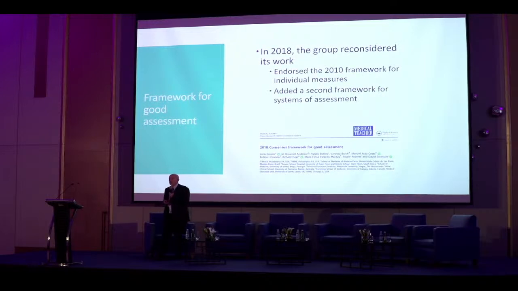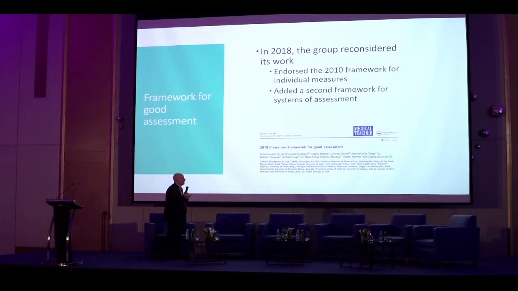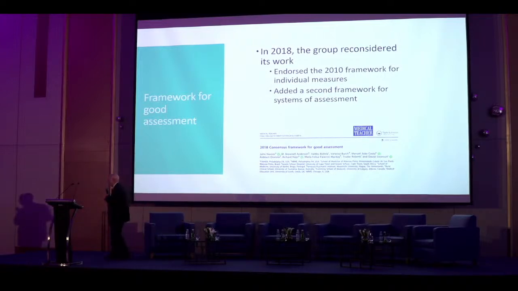In 2018, the group got together again. We got the band back together, and the group endorsed the 2010 framework for individual measures, but it decided to take on the idea of systems of assessment and think about what makes a good system of assessment, or what are the things you need to think about when you develop a system of assessment.